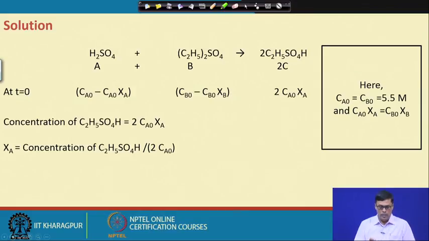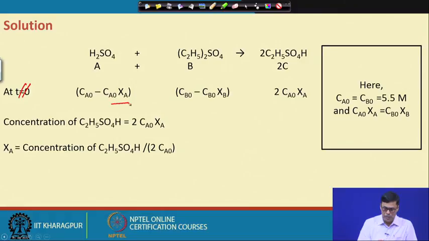Now, this is a reaction, and at time t equal to 0, Ca will be Ca0, but at time t, Xa will be converted. At time t, Ca is equal to Ca0 minus Ca0 into Xa.